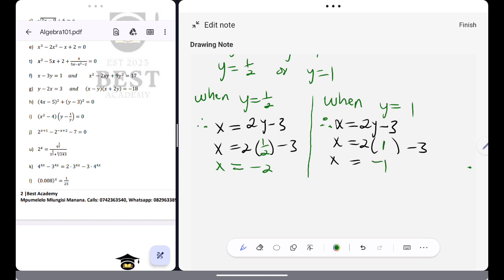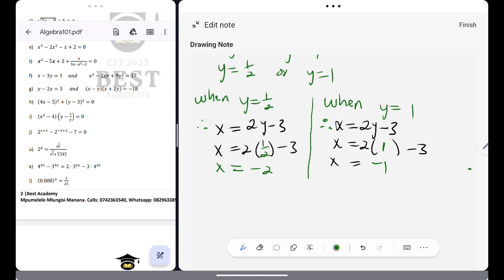That means my x value will be negative 1. Whenever I write my final solution, I write it in point form. I know that my x value is negative 2 and its corresponding y value is a half. And another point, I have negative 1 as my x and its corresponding y value is 1.